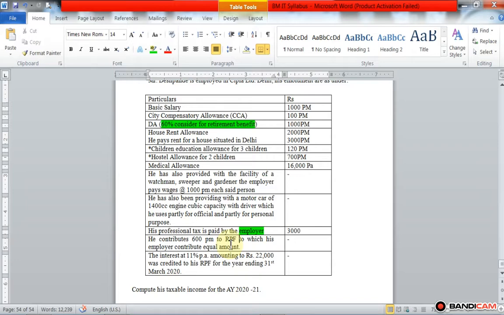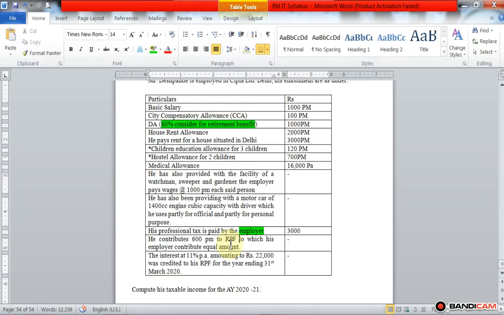We already studied the tax treatment for recognized provident fund, unrecognized provident fund, and public provident fund, so remember it.